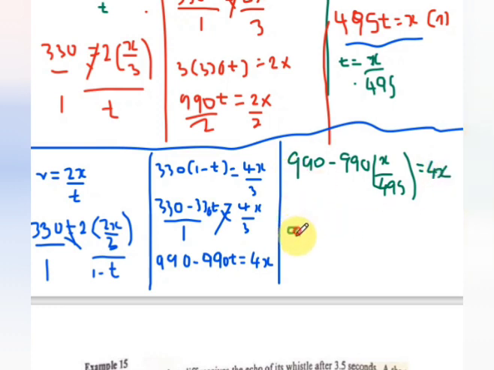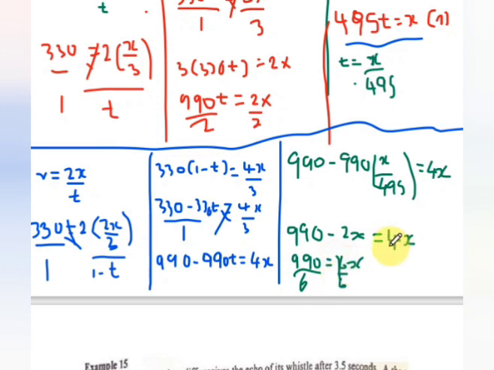So we have 990 minus 990 divided by 495 is 2. Then we'll have x left, is equal to 4x. Now move 2x to the other side. We have 990 is equal to 6x. Divide both sides by 6.